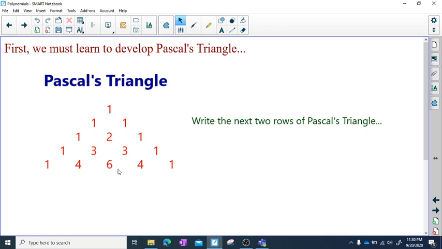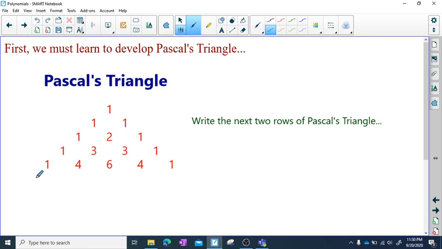Now, we need to see if we can identify how this pattern works so that we could make more rows of this triangle if we needed. If you look at this pattern, it goes 1, 1, 1, 1, 2, 1. It clearly starts with a 1 and ends with a 1, each row.